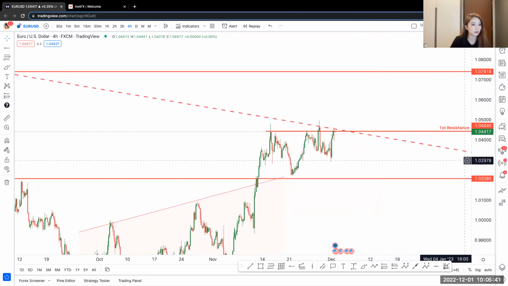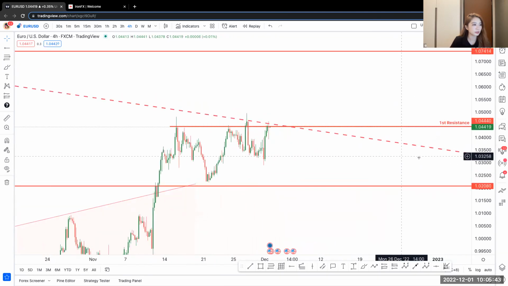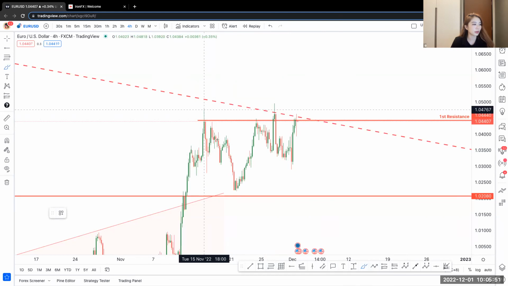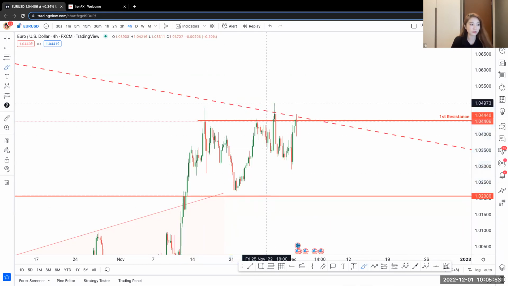Zoom in a little bit. We're looking at not much of a trend that we can see here. Even though there's no trend, we are looking at a V-shaped recovery that has already played out.